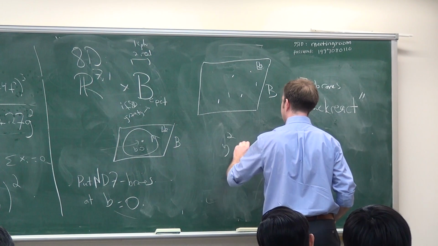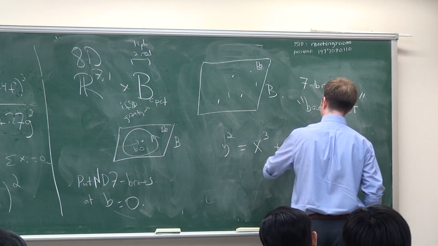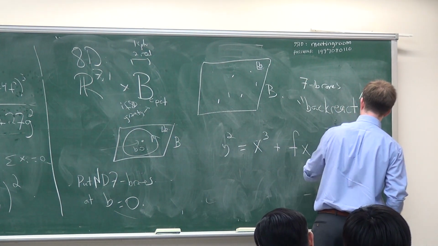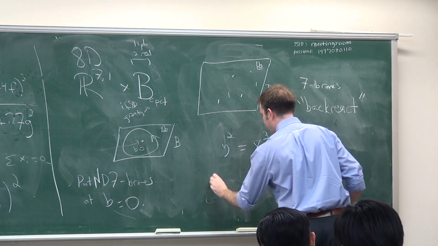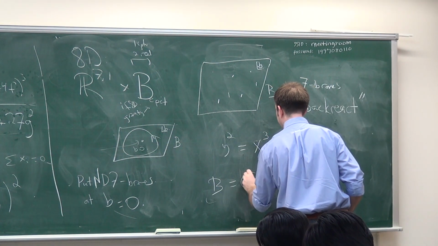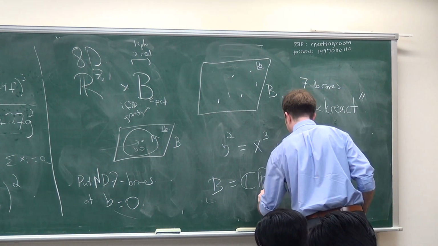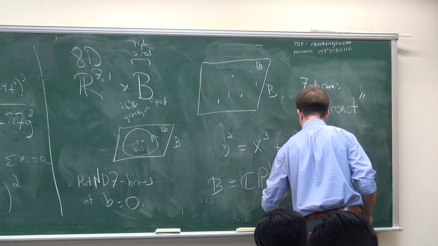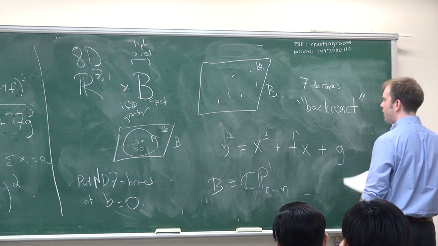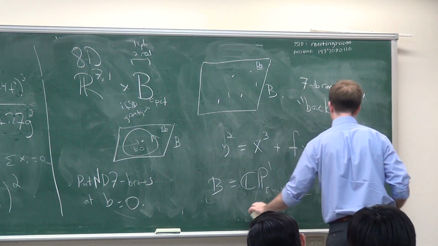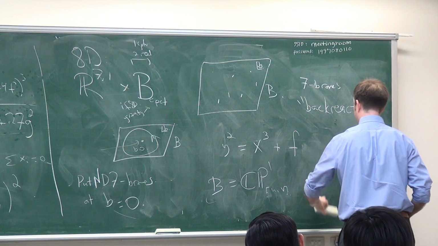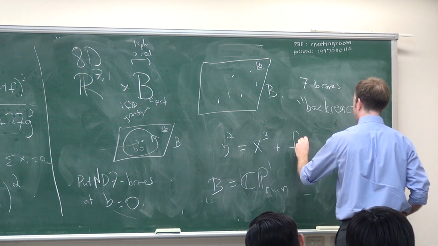But the basic idea is that if you allow them to back react, then B needs to be a CP1, and if we introduce homogeneous coordinates for it, let's call them u and v, then the Calabi-Yau condition turns out requiring that f and g have specific degrees.